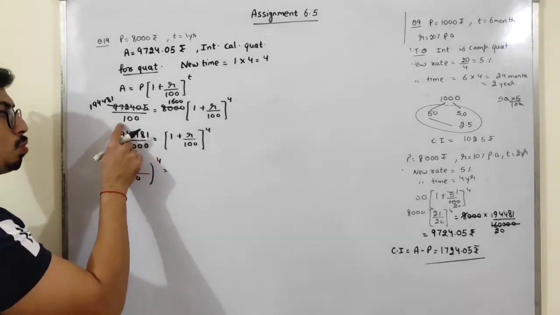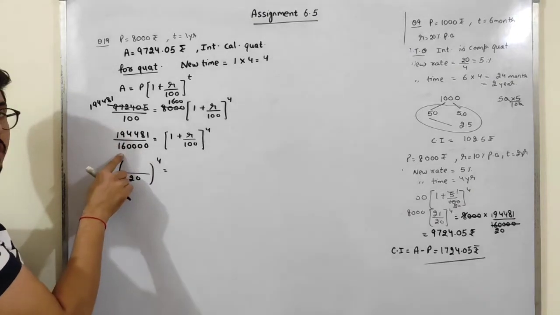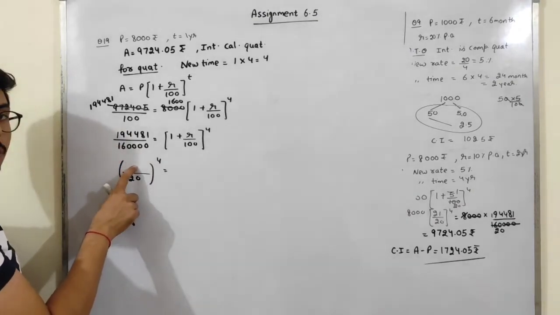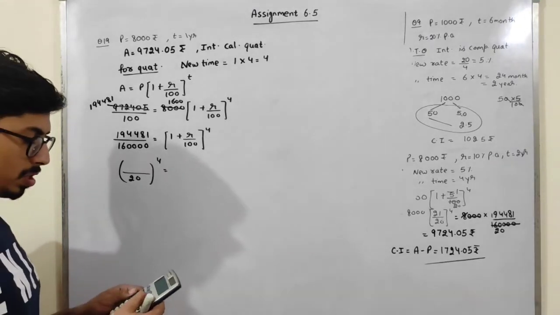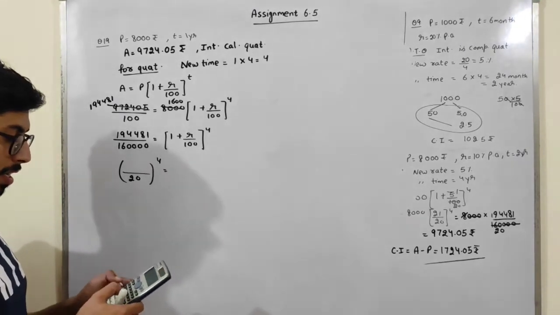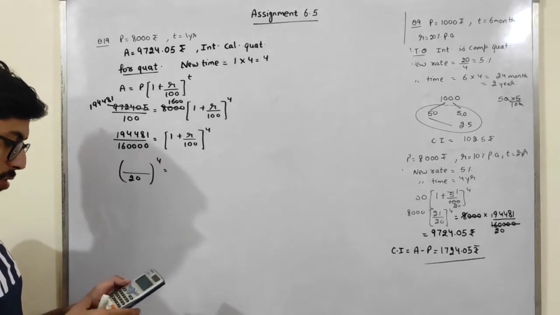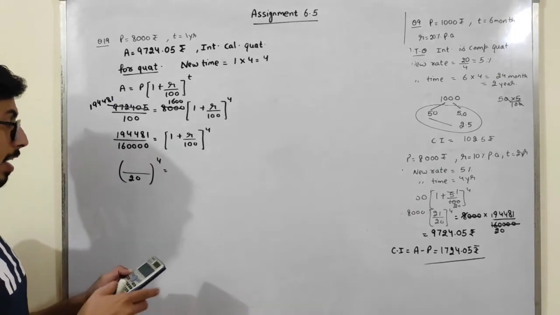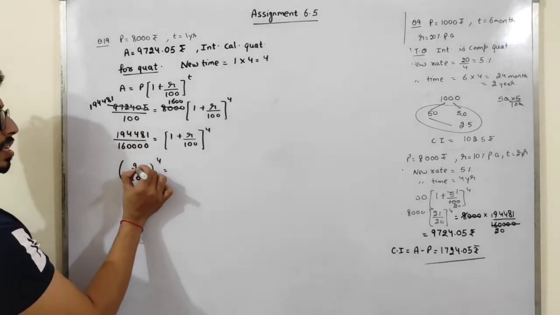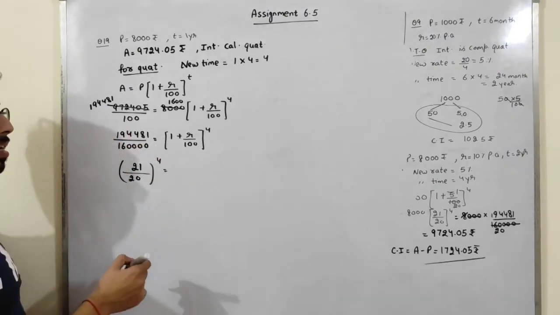Now I have to find out whose number is this raised to the power 4. See, this is greater than 1600. So this number will be greater than 20. So if I take 21 raised to the power 4, students, it will be the same number. You can just check it by yourself. 21 raised to the power 4 is this number.